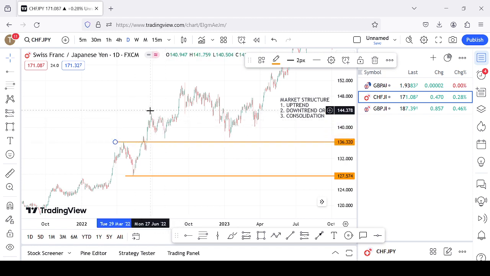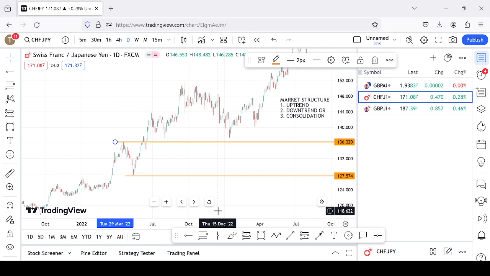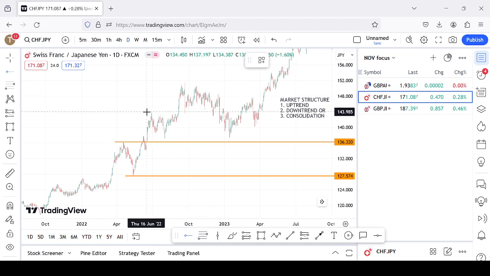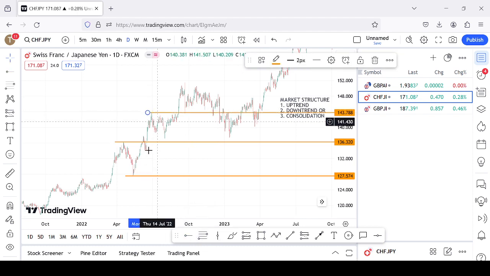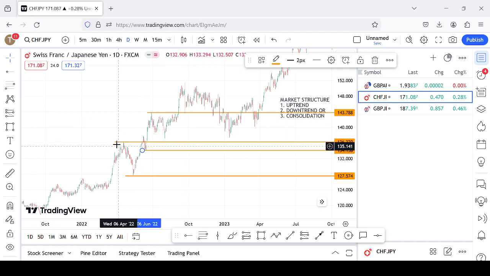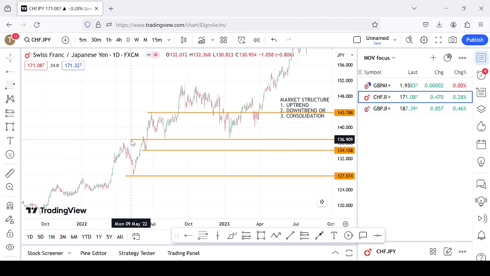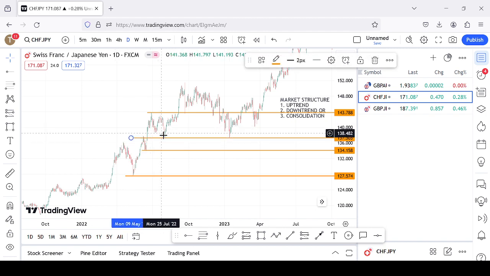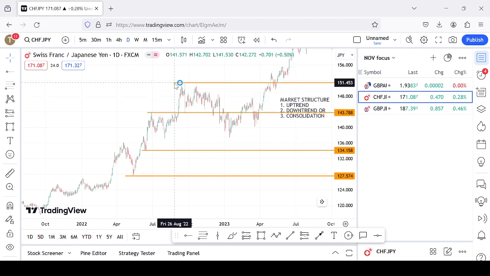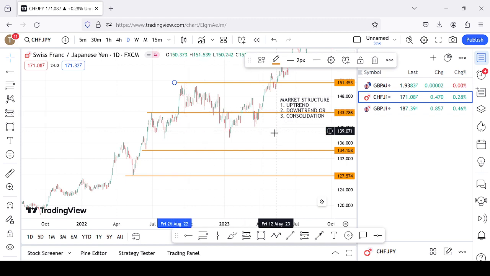It reaches the highest point, forms another small high here, which it also breaks through, then forms this highest point. So it's making higher highs, higher lows. Yeah, that's what we need to know. It came down to form a new low, went up again, formed a new high, came down, formed another low.